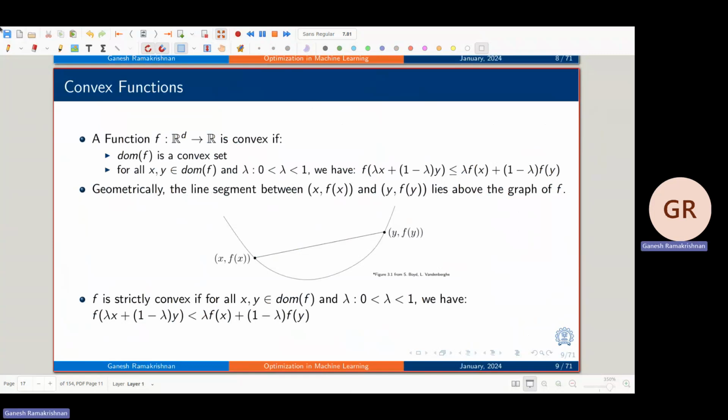Okay, so there's a third notion, that it is less than what we have on the right hand side, but it is less by some margin, some proportionality of norm of x minus y square. Okay, that makes it strongly convex.